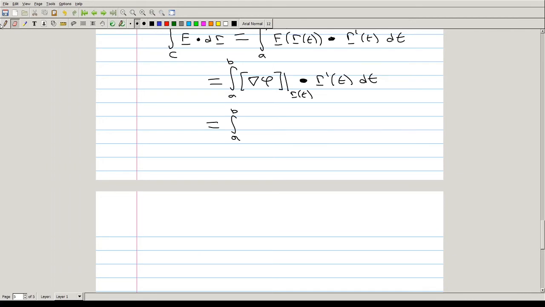And what you should do is remember how we define the directional derivative, or if you were to take, say, the t derivative of the function phi of R of t. So either think of the directional derivative or the chain rule. From the chain rule applied to this composition of functions, the t derivative of phi of R of t, the scalar function phi on a curve R of t, is going to be exactly the gradient of phi evaluated on the curve R of t dot product with the derivative of R of t, R prime of t.